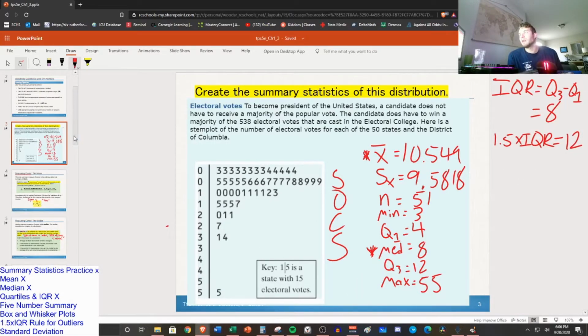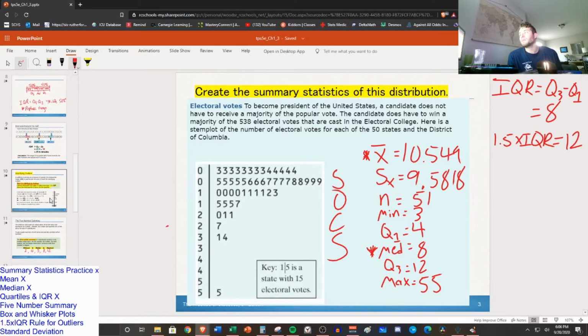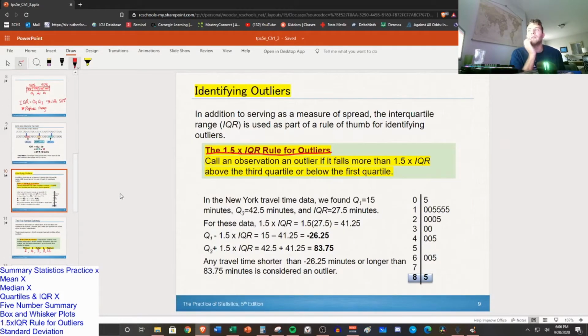Let's go back down to our rule list here. We call an observation an outlier if it falls more than 1.5 times IQR above the third quartile or below the first quartile. Go ahead and underline those in your definition. This is the rule we want. So we know that it's 8. So let's take Q1. We want below Q1 here.